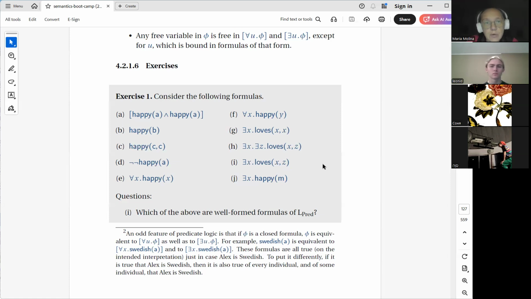I mean, it gives us true in all cases when A is happy. Okay, guys, do you agree that all the others look good?